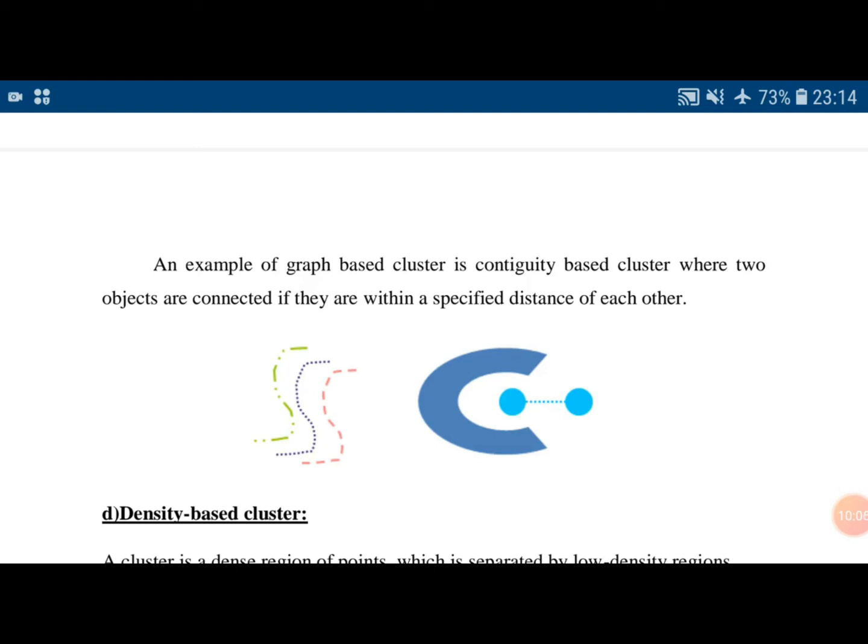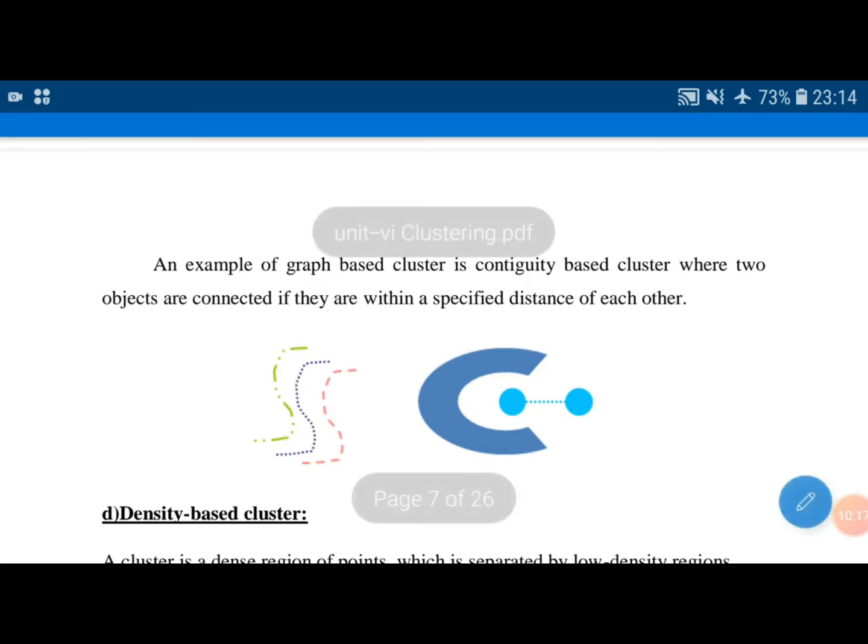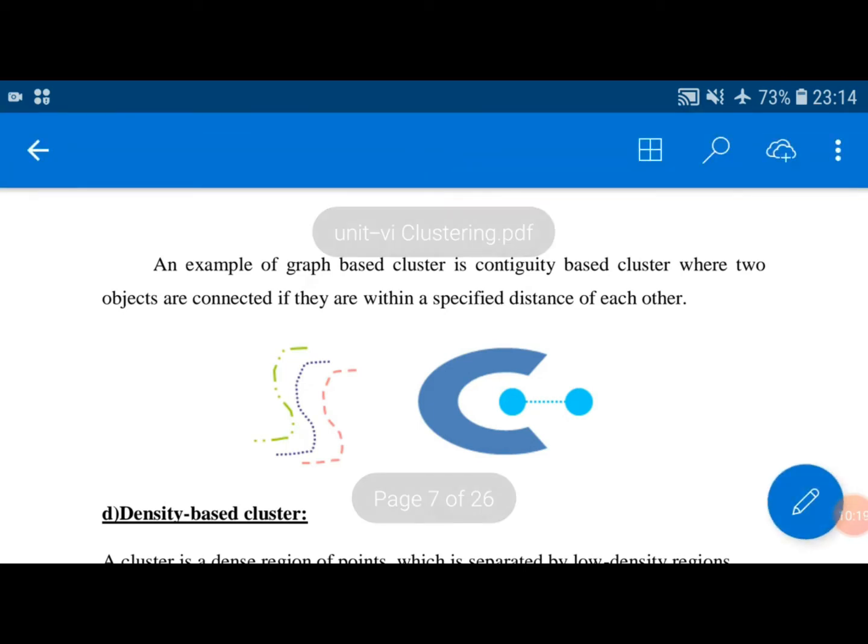The first S shape is in light green color, next light blue color, next light red color. Here in the first S shape we have different points that are nearer to each other, so they combine together and form a cluster.